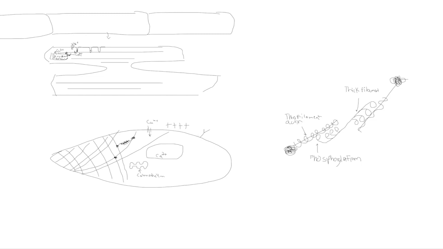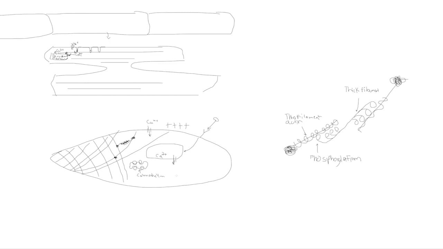Just draw them like this, or one like this, and your hormone will attach to that, and then that will result in a secondary messenger going to your sarcoplasmic reticulum, and that will cause calcium to be released from your sarcoplasmic reticulum. Yeah, and then now you have calcium in your sarcoplasm, and it will be able to go with your calmodulin. Okay.